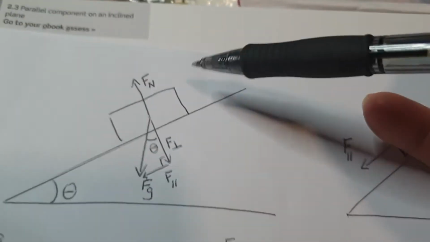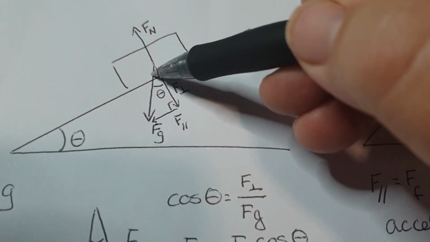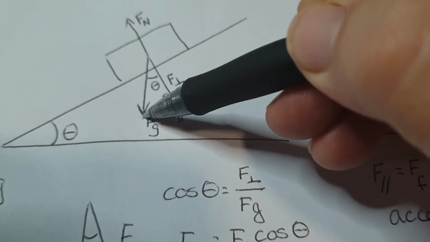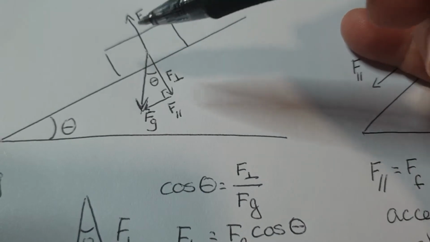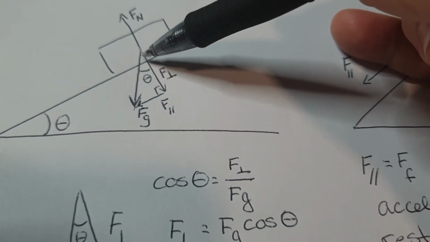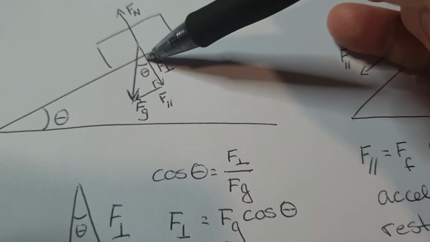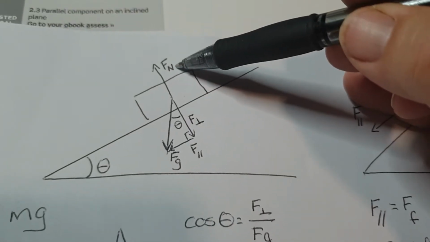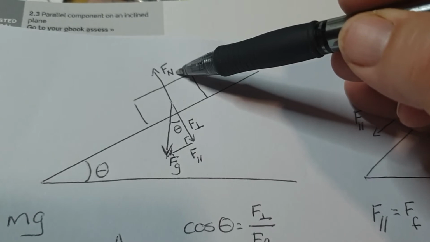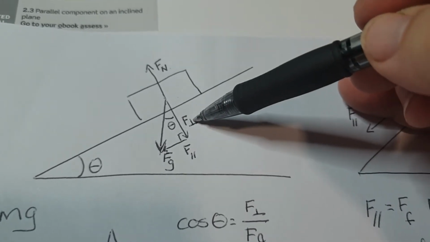So we've got our object on an inclined plane. The force of gravity acts straight down, and that's not very useful to us. So we split it into two components. One component is perpendicular to the surface here, and the normal force, Fn, will be equal and opposite to it.